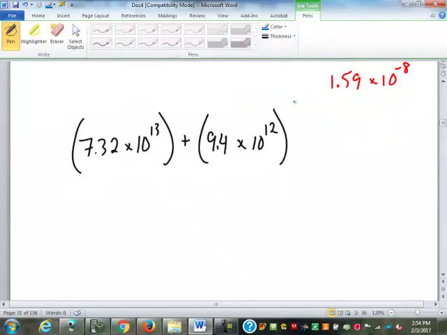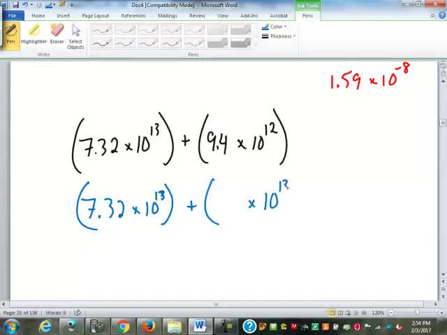Just like with fractions, we have to change their name to make them the same. So this one, the 7.32 times 10 to the 13th, will not change. That's already the bigger power. This one, however, is going to become times 10 to the 13th. So now it's just the opposite of what we were doing here. The power of 10 got larger. What has to happen to this part of the number?